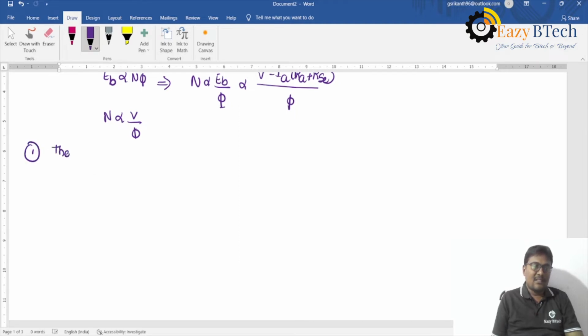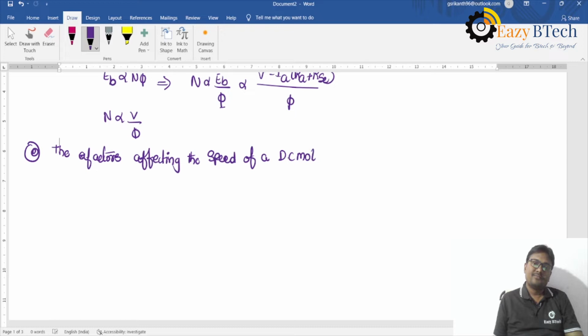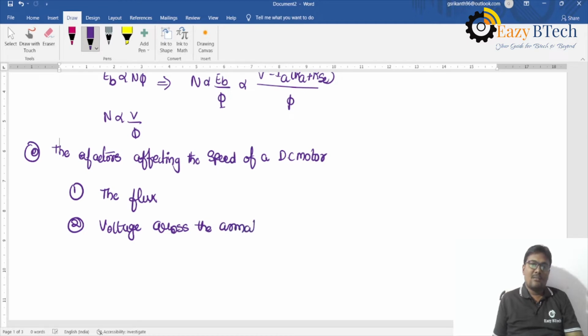The factors affecting the speed of a DC motor are, first, the flux, second, the voltage across the armature, and third, the applied voltage.